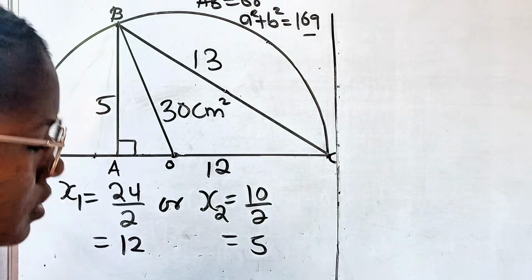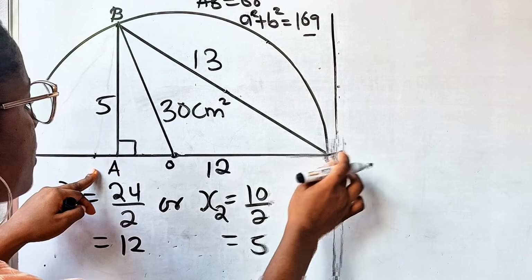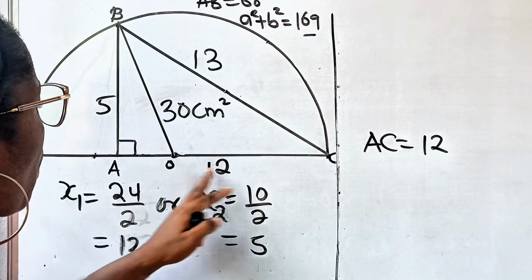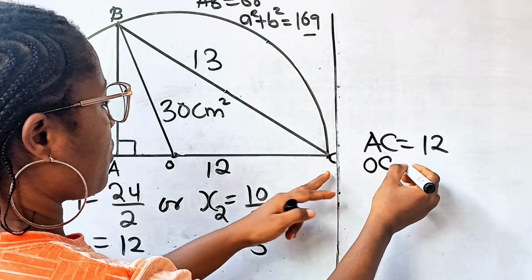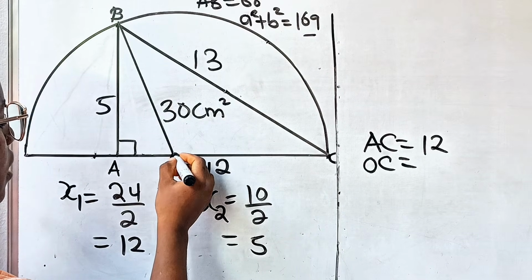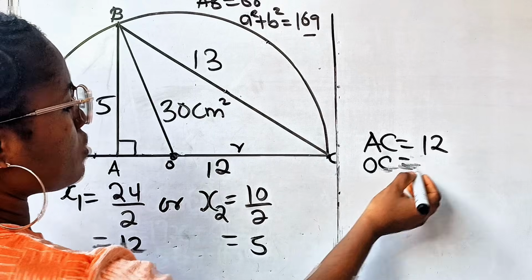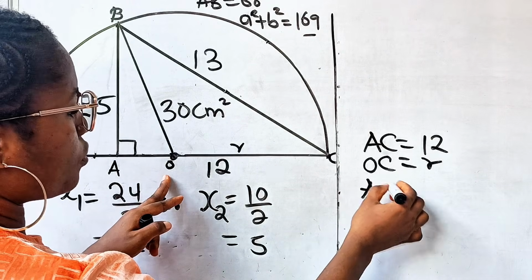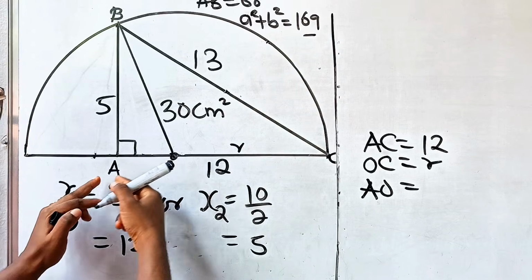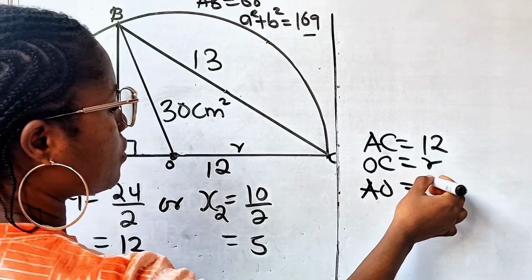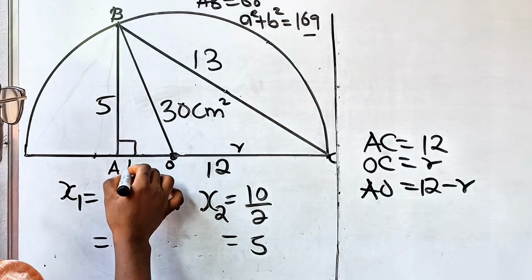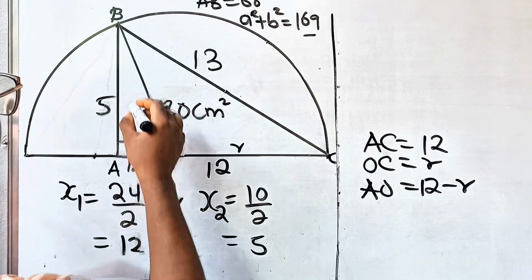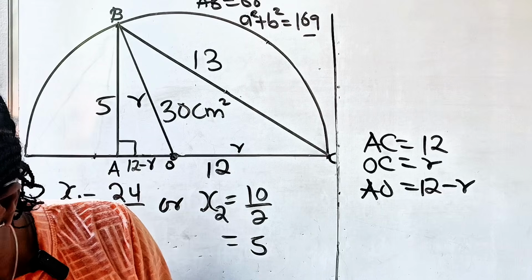Now we are going to use this. Remember that AC is equal to 12, right? But OC is equal to R because from here to the circumference should be radius. So OC is R. So it means that AO will be 12 minus R. So here is 12 minus R. Now from B to O is our R as well.